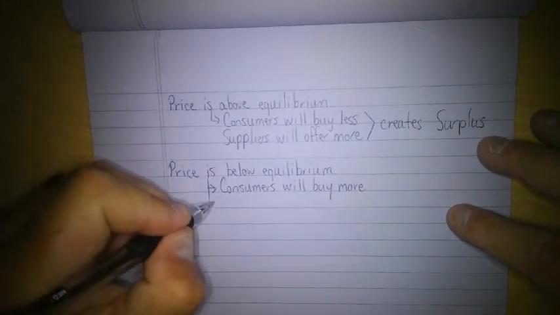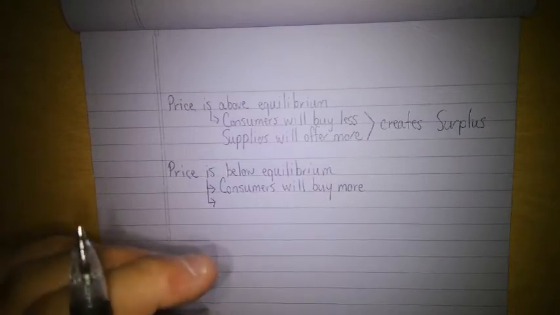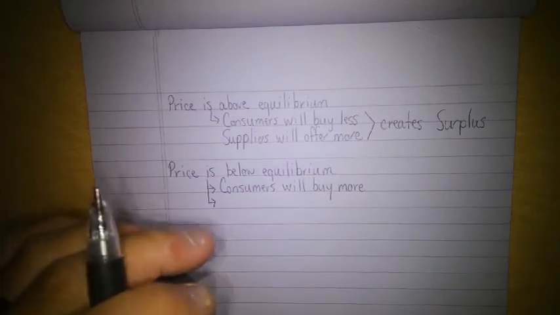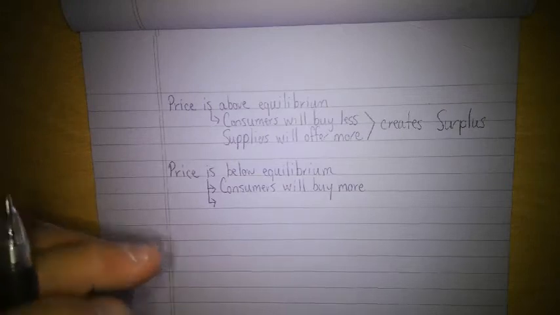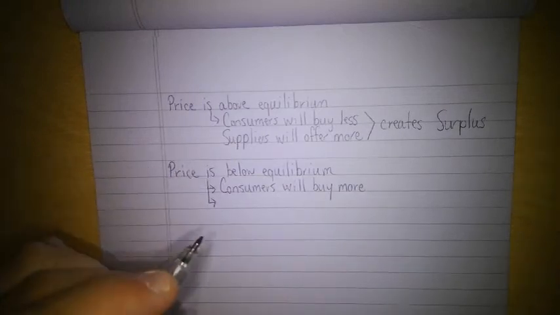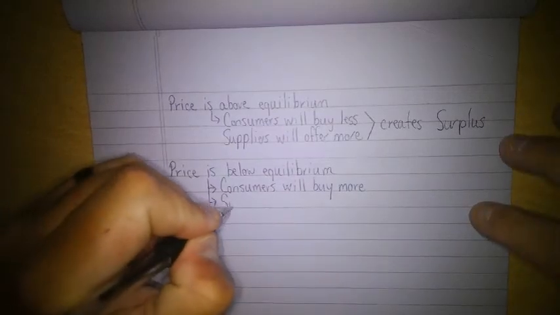Well, if consumers are buying more, the price is below equilibrium, suppliers are going to want to supply more or less of it? Remember, the price is low, so what are they trying to do? They don't want to sell it at that low price. They want the price to be where? Higher. Equilibrium, right? So the suppliers will supply less, or they will offer less.